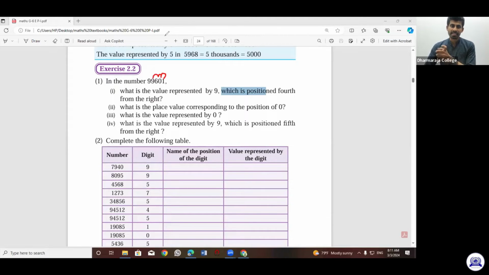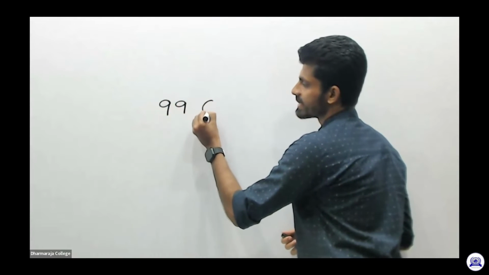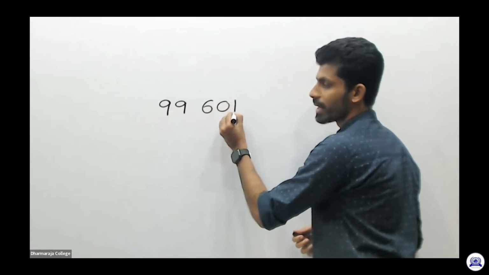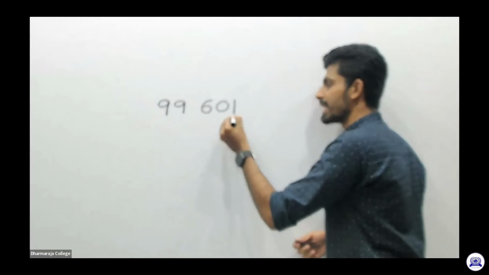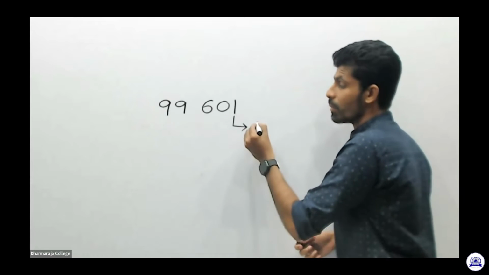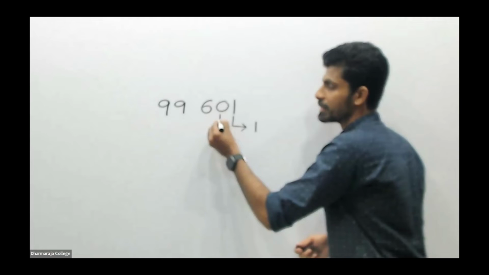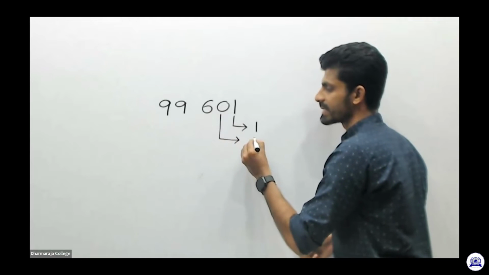That means 99,601. Look at this one. This is the ones place, which means 1. This one equals the tens place.